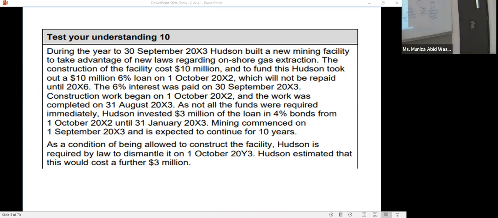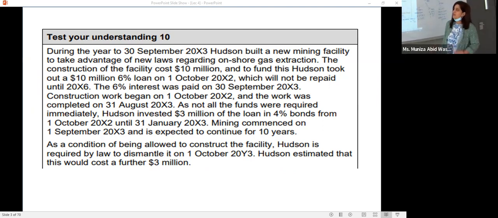In the statement of profit or loss, how much of the remaining finance cost is going to go? 10 million multiplied by 6%, multiplied by 1 divided by 12. This will go to the statement of profit or loss, and the other one will go to the cost of the asset in the statement of financial position. Got it?